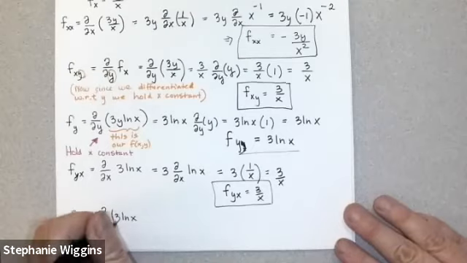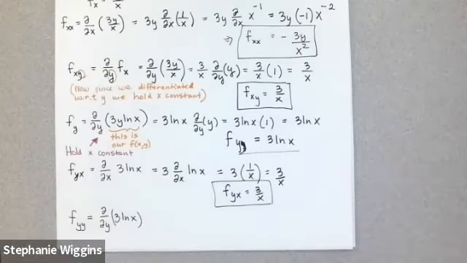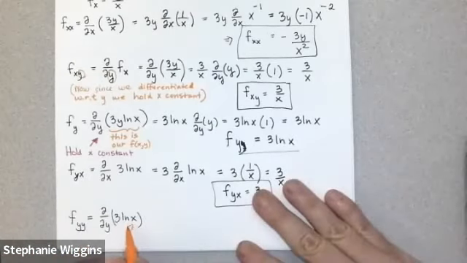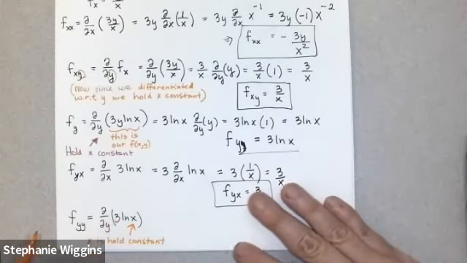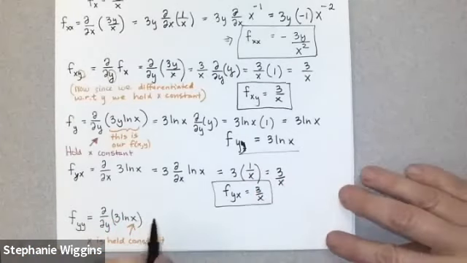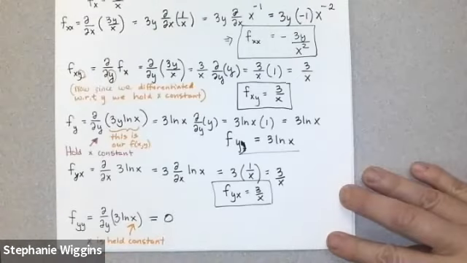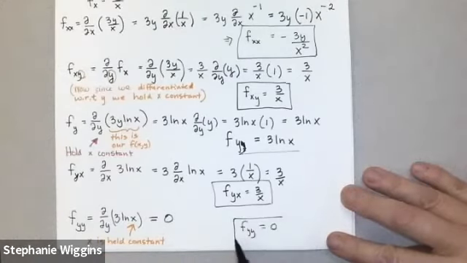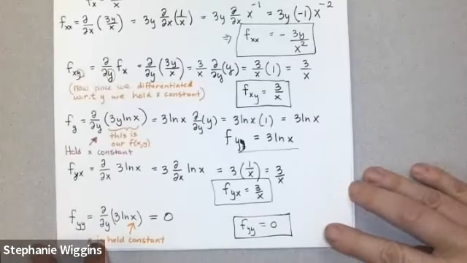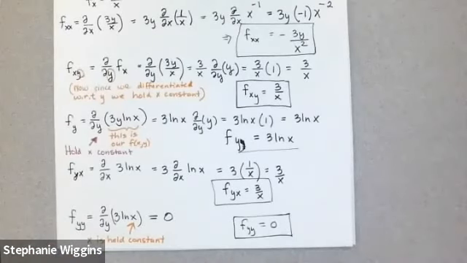But remember now, x is treated as a constant. So that means this whole thing is a constant, and the derivative of a constant is 0. So your fyy is simply 0. And that is the completion of this problem.